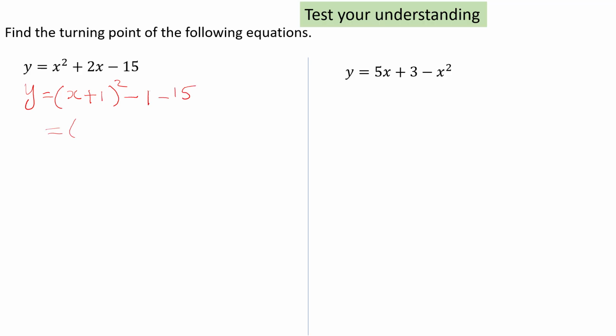So (x plus 1) squared, negative 1, negative 50, so negative 51. To find the minimum point, the x value is negative 1.